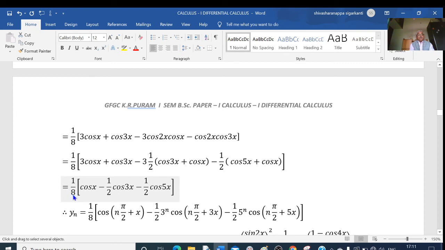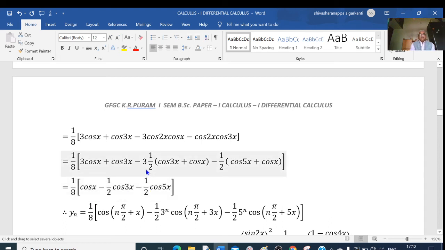This is equal to 1 by 8 into 3 cos x, and here we have minus 3 by 2 cos x, and minus 1 by 2 cos x. 3 cos x minus 2 cos x is 1 cos x.